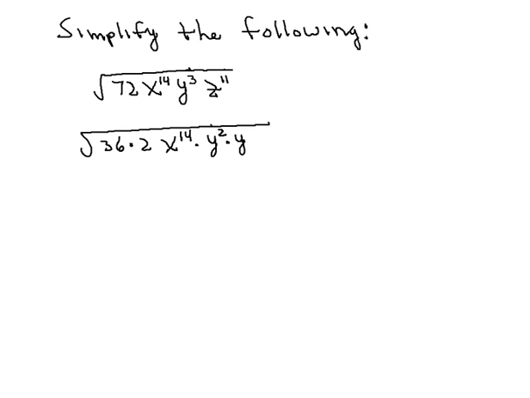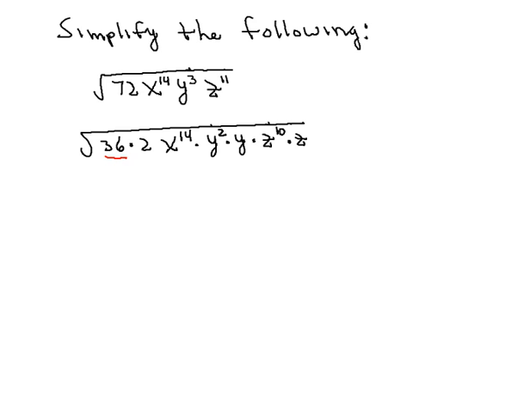And for z to the 11th, we would like the largest perfect square factor of z to the 11th, so that would be a power in z that's divisible by 2. And that would turn out to be z to the 10th, so we have z to the 10th times z.